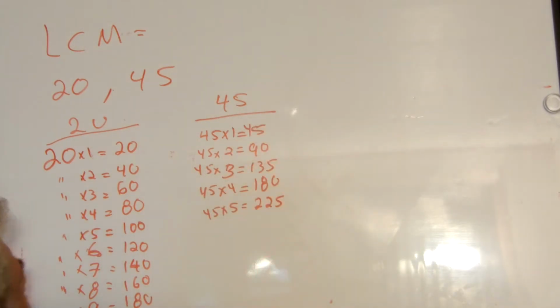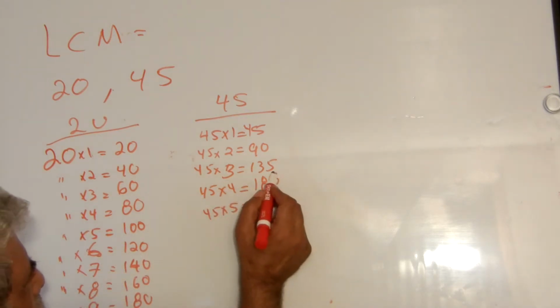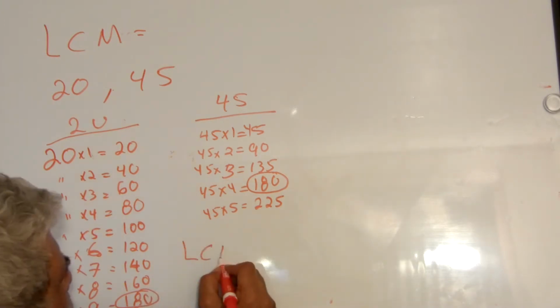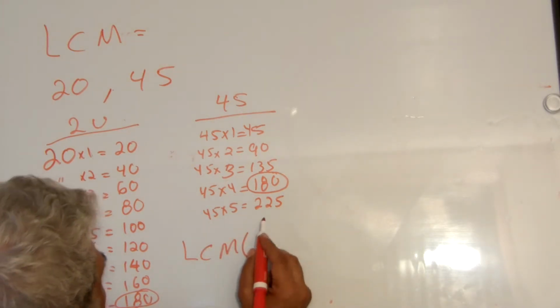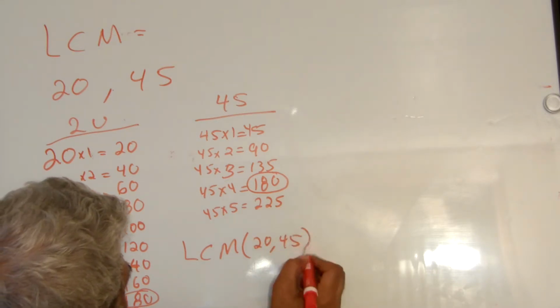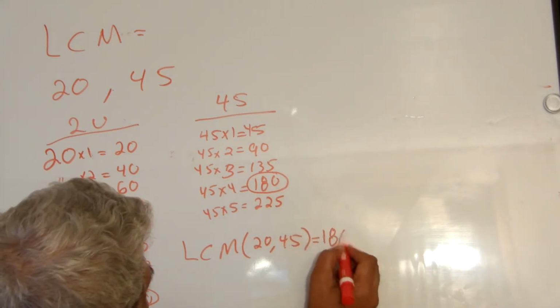You see the least common multiple. This is 180, and this is 180. So the LCM of the two numbers, 20 and 45, is equal to 180.